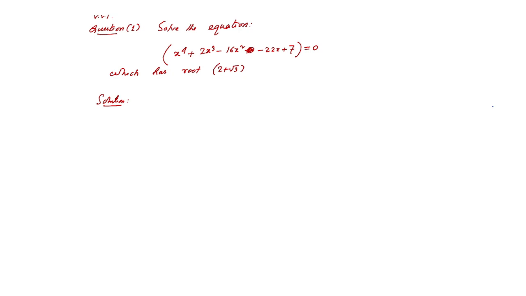So 2 minus root 3 is also a root, because 2 and 3 are rational numbers and 3 is not a perfect square. So it occurs in conjugate pairs. So here we just let f(x) equals x to the power 4 plus 2x cube minus 16x square minus 22x plus 7.